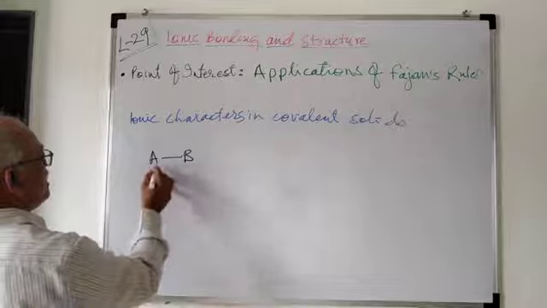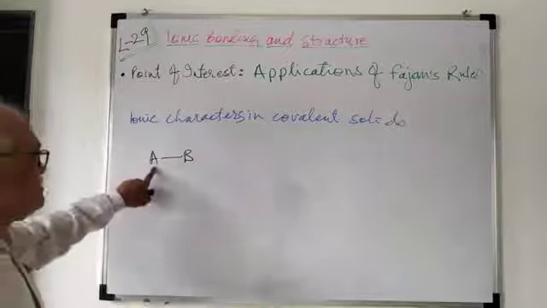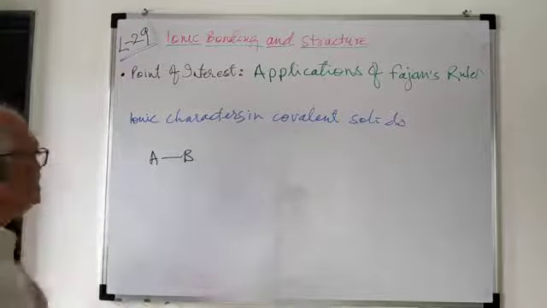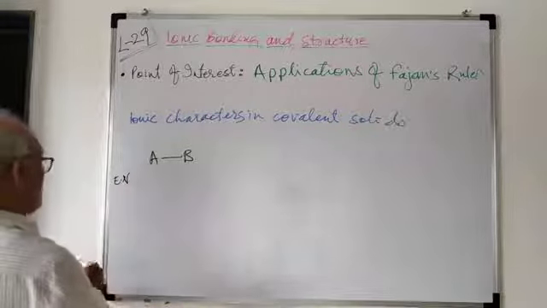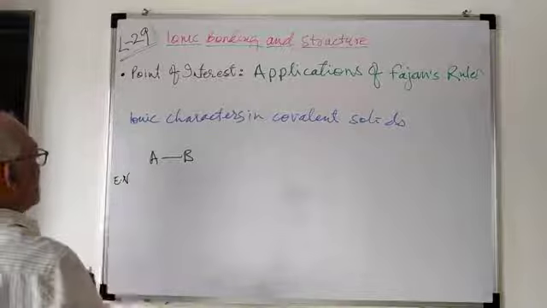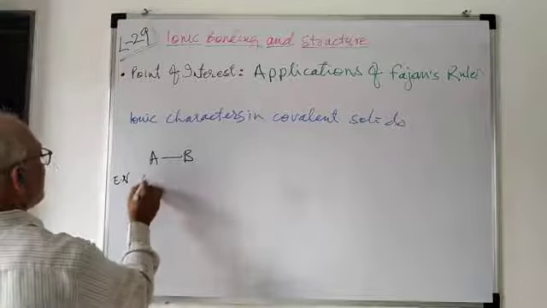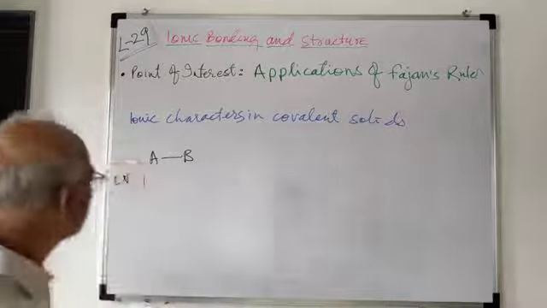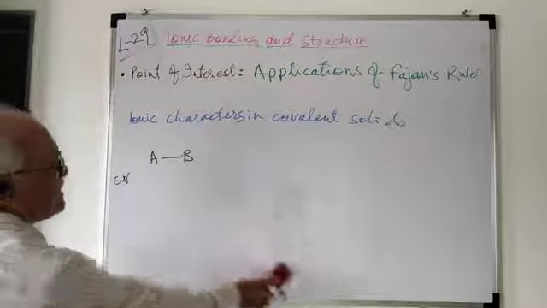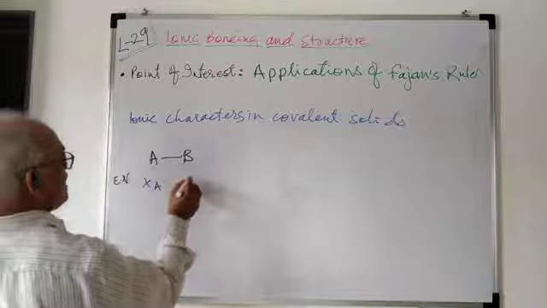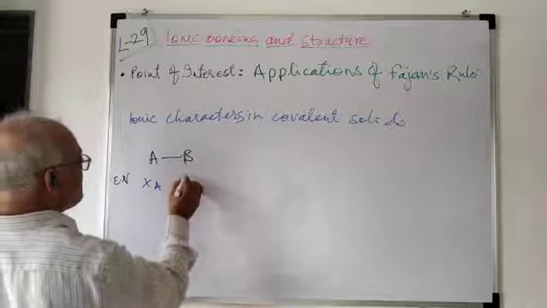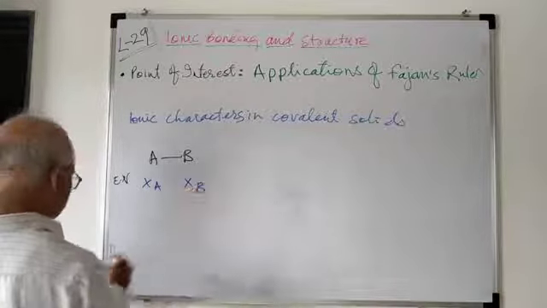If we consider atom A and atom B, then the electronegativity of A can be represented as XA, and the electronegativity of B is XB.